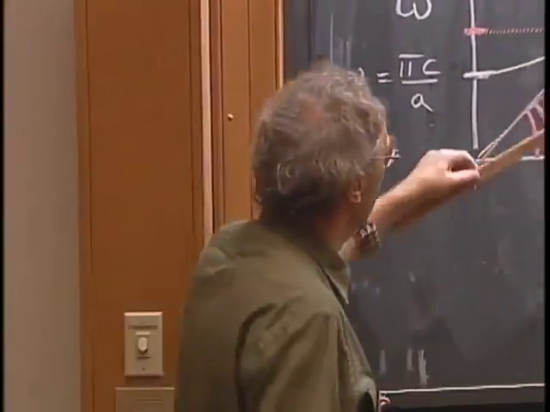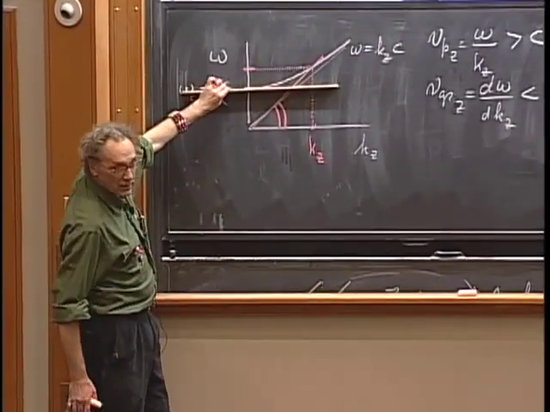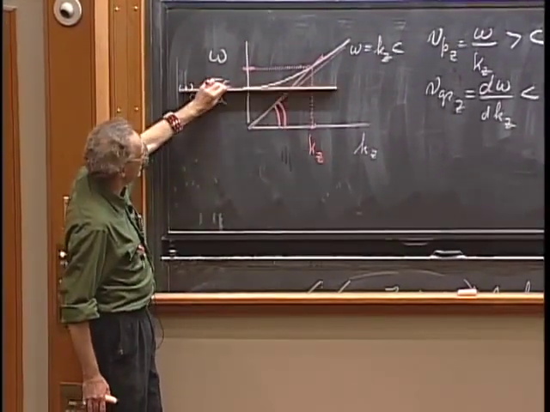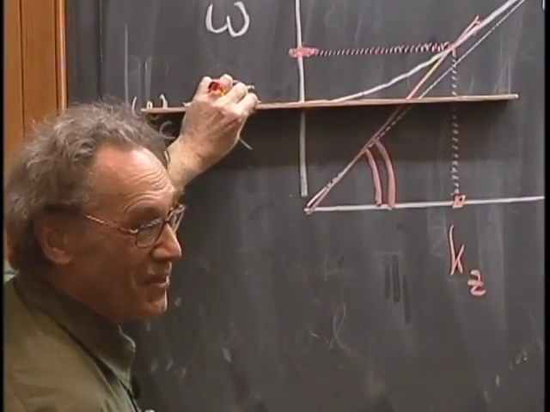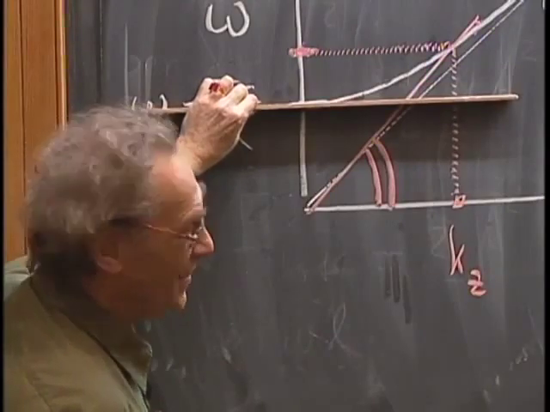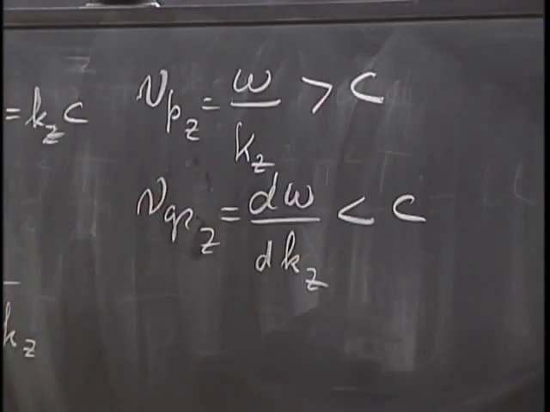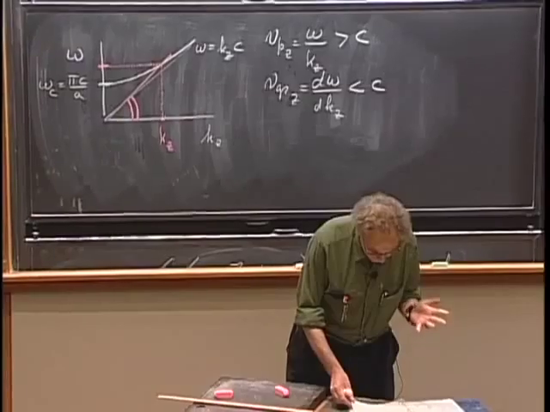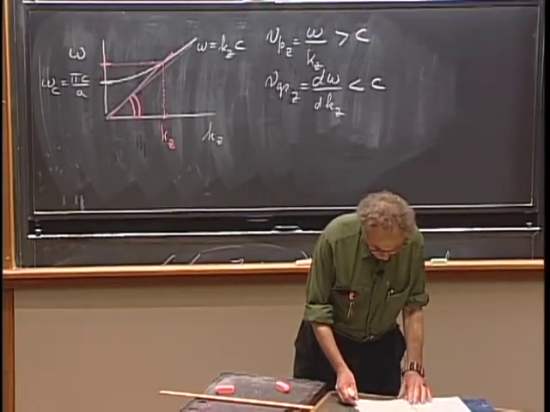Well, you can see that because the tangent on this slope here becomes horizontal. So the group velocity indeed right here is 0. But the phase velocity is infinitely high. Think about it, because kz now becomes 0, and so you get an infinitely high phase velocity. And I spent quite some time during my lectures to explain to you why that has no physical meaning. I don't want to go over that now.